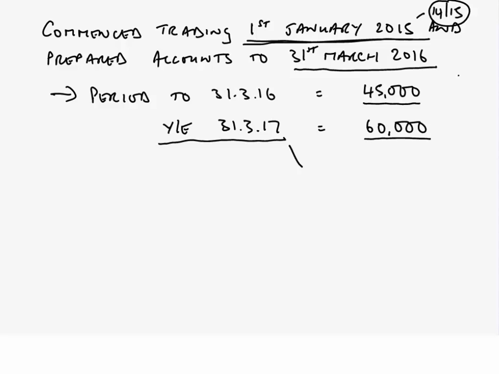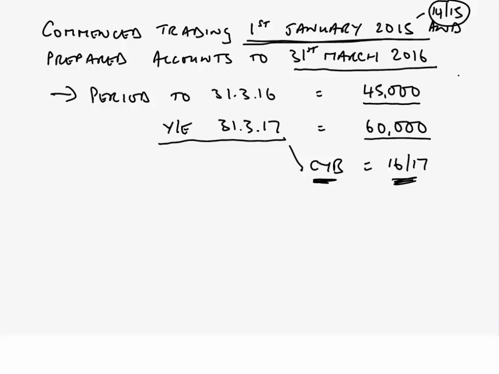So the year ended 31st of March 17, using current year basis. So when will that accounting period be assessed in using CYB? Year ended 31st of March 17, that date 31st of March 17 ends in which tax year? And I really hope that you are telling yourself here that that is indeed the 16-17 tax year.